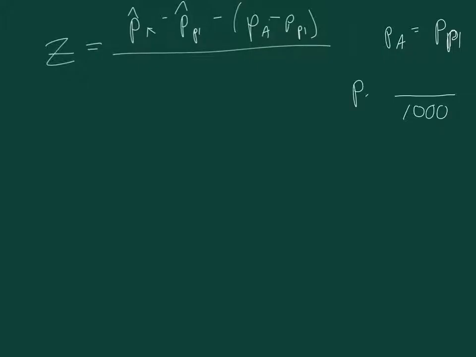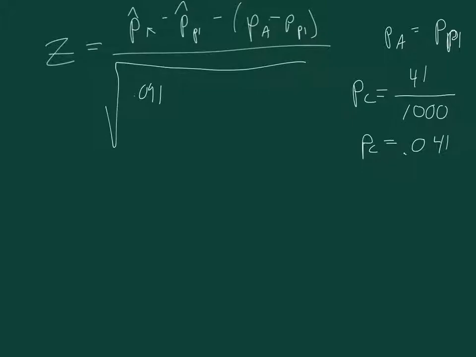So my P combined is going to equal the two together. So that would be 15 plus 26, which is 41. So my P combined is 0.041. How that goes into place is then in my denominator for two proportions. And again, use your formula sheet here. It's P hat 1, Q hat 1 over N1. But in this case, it's going to be the P combined. So it's going to be 0.041. That's a 4, trust me.